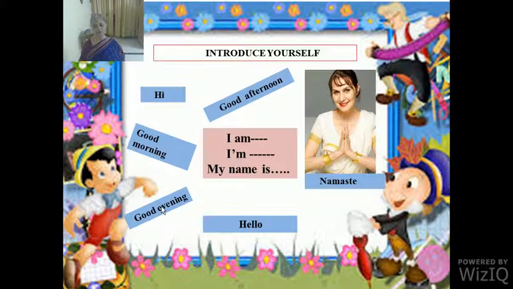Now when we meet friends and others, we say hi and hello. You also remember that in our country, the traditional way of greeting a person is saying namaste, and this is done with folded hands. Therefore, today we are going to go over into our session on learning how to introduce ourselves.